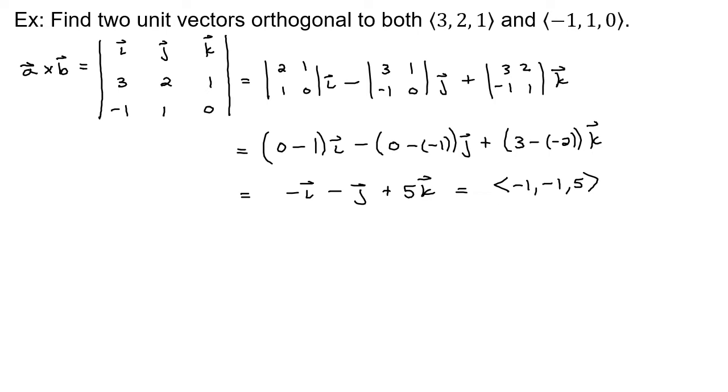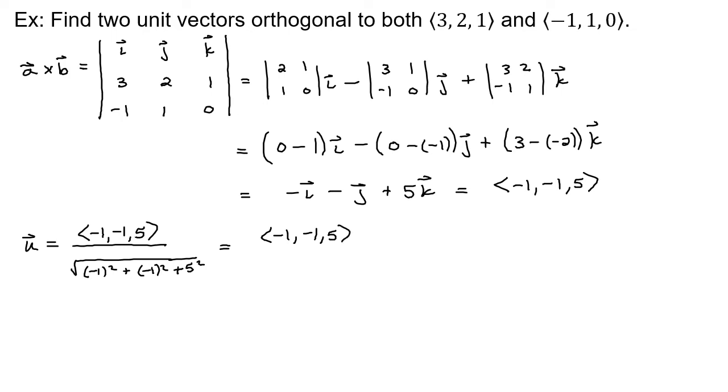That's your orthogonal vector. I need a unit vector for that. So my unit vector, if you remember, is the vector itself divided by the magnitude of that vector. So I'll have a negative 1 squared, a negative 1 squared, and a 5 squared. So I'll have negative 1, 5 on the top. On the bottom, 5 squared is 25, and 1 and 1 makes 27.